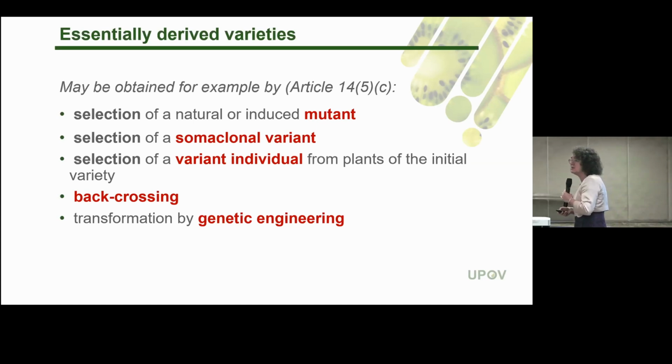As you can see, you have back crossing, you have mutation. So you have different methods. The methods as such are a clear indication that there is predominant derivation, but it will still be important to also come to the other elements of the definition of essentially derived variety.